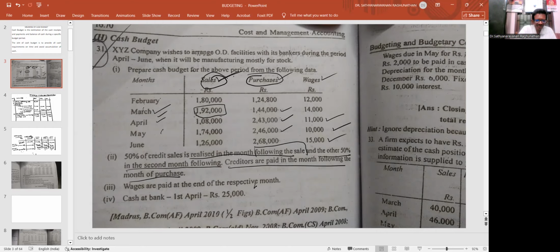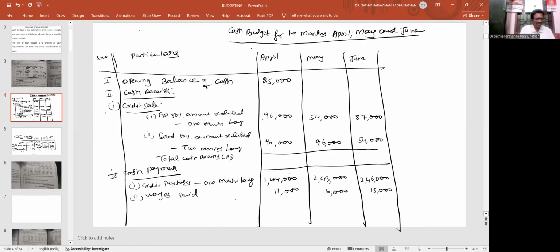Now, all of you kindly listen. See here, first, all of you take the calculator with you. 25,000 plus 96,000 plus 90,000, that is 2,11,000. So 1,44,000, 11,000, that is 1,55,000.